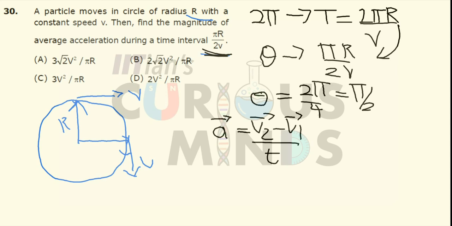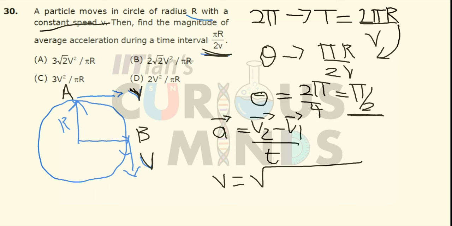If the particle is moving with a constant speed v, its magnitude at point A is v, and at point B it is also v. Then v2 minus v1, solved in vector form, will be equal to root of a square plus b square plus 2ab cos theta, but theta here is pi by 2.